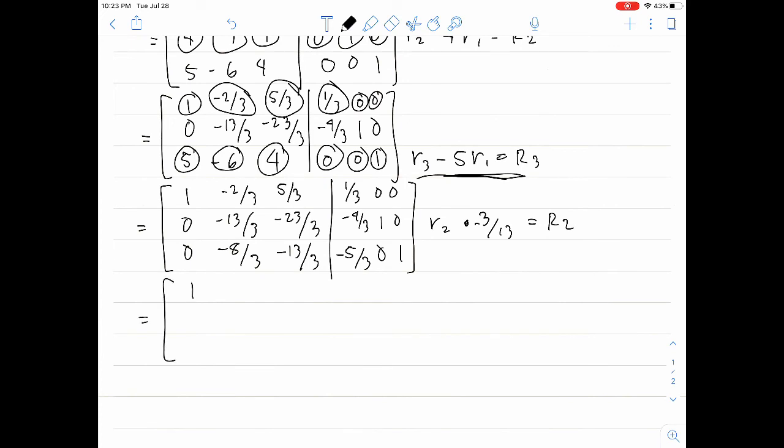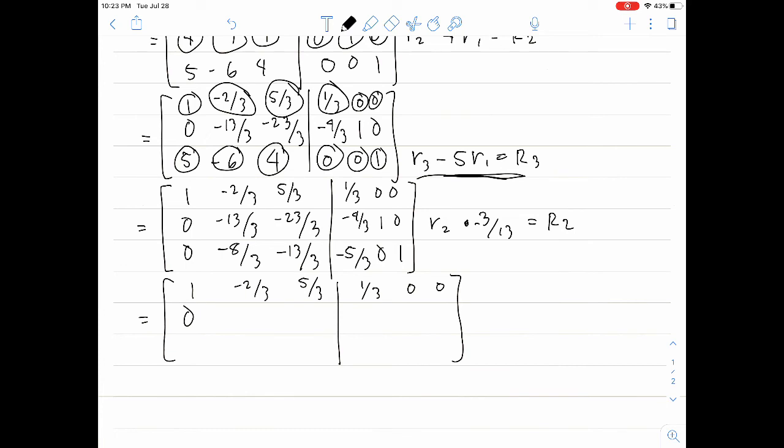Copy the rows we will not change, which is R sub 1. So R sub 2 times negative 3 over 13 is the new R sub 2. 0 times negative 3 over 13 is 0.